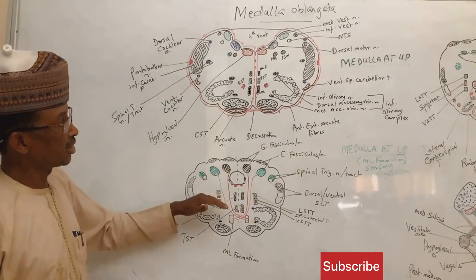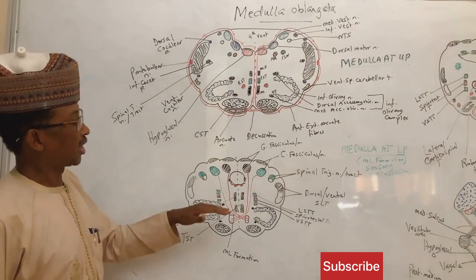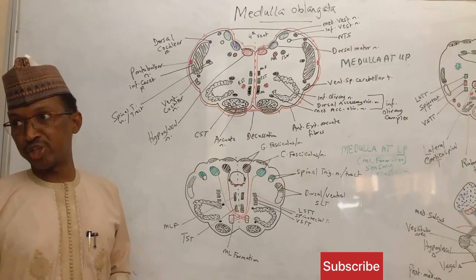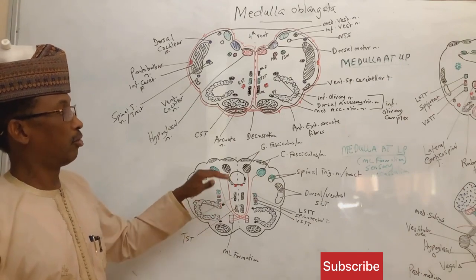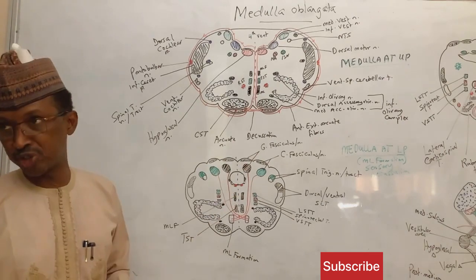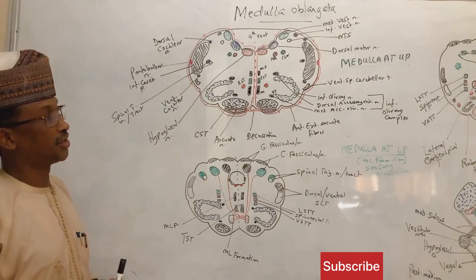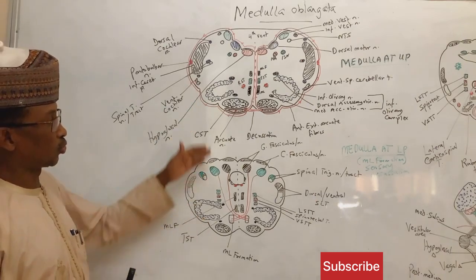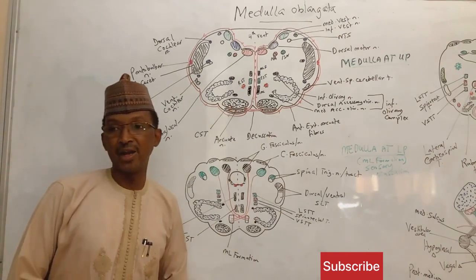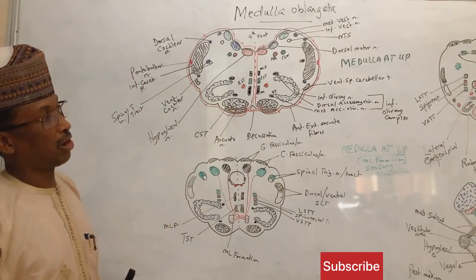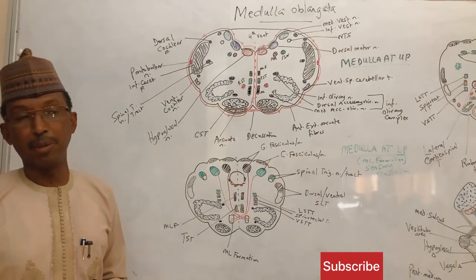The second is the section at the sensory decussation. The third is the section of the medulla at the level of the pyramidal decussation, which makes the 3 sections. But by and large, these are the 2 sections that I'm going to discuss now, and then later on I'm going to discuss the other section of the medulla oblongata at the level of the pyramidal decussation.